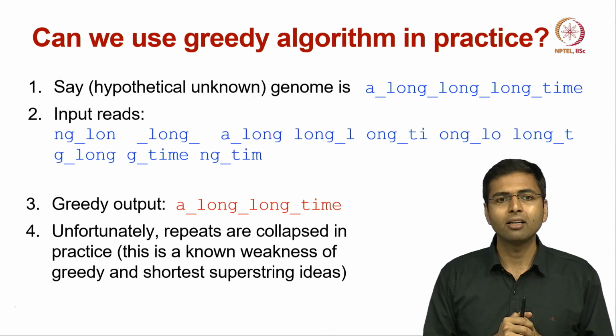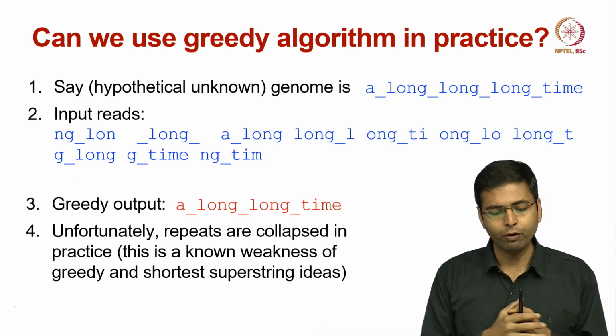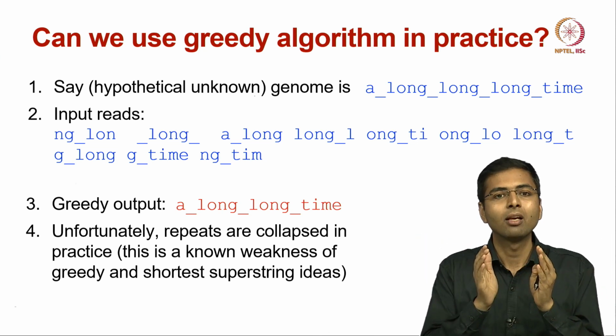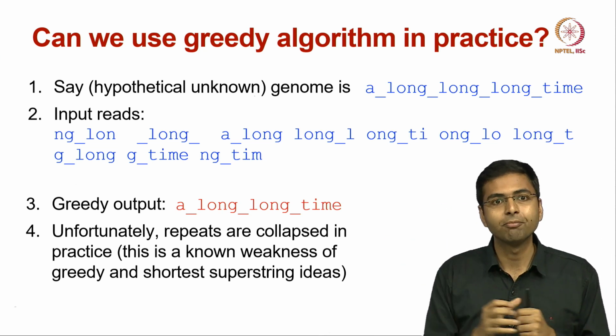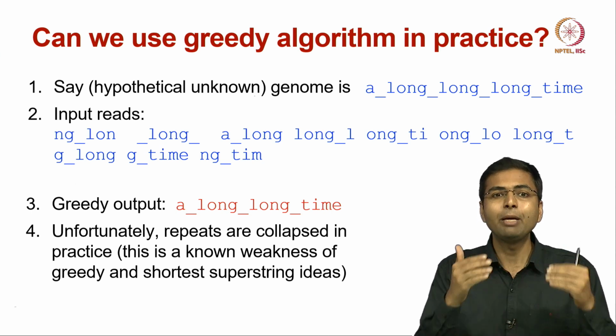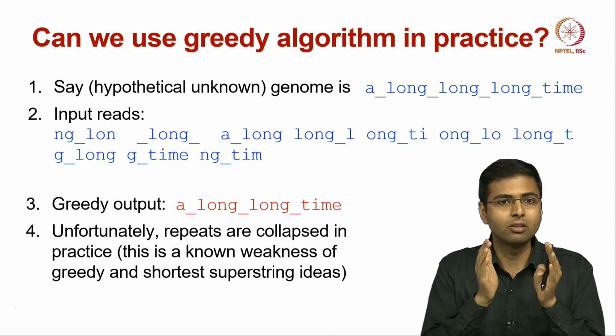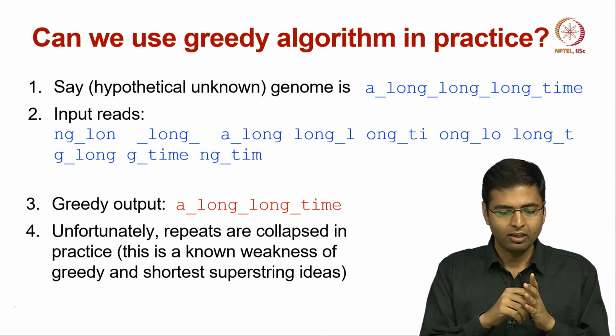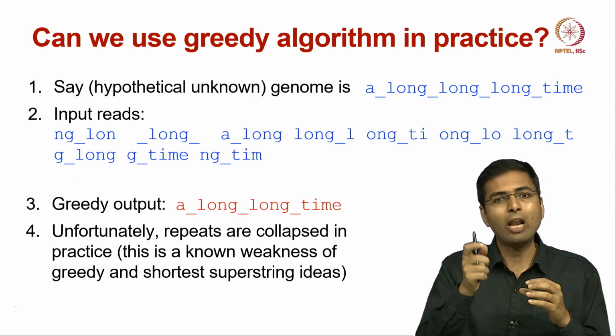Because if you think about it, in the shortest superstring formulation, what we are looking for is a shortest string that is compatible with all the reads. And because this is based on a parsimony principle in which we are looking for a shortest superstring, that automatically results in collapsing of repeats.